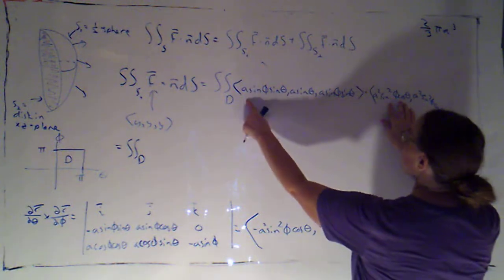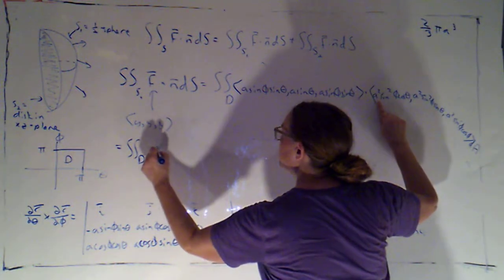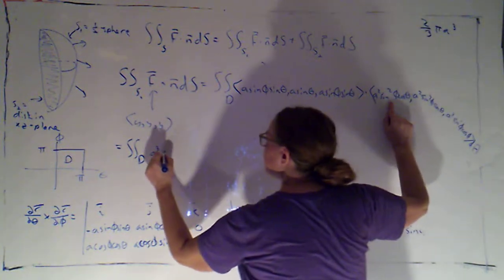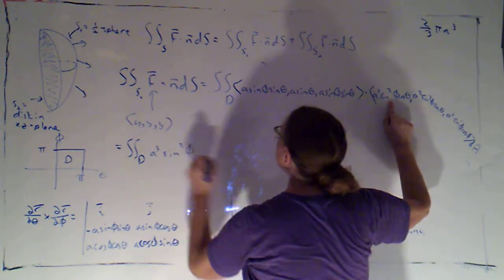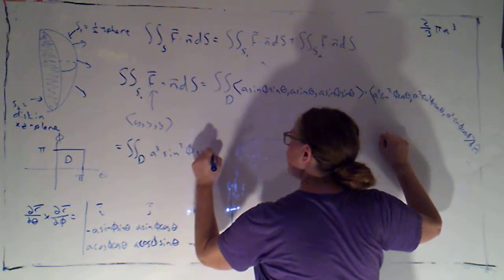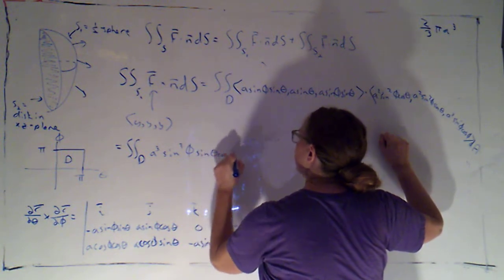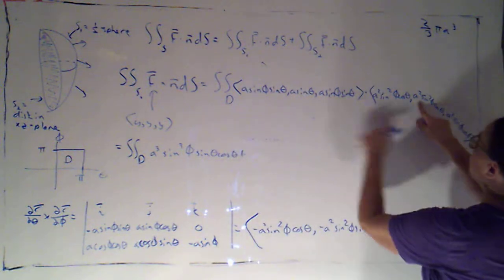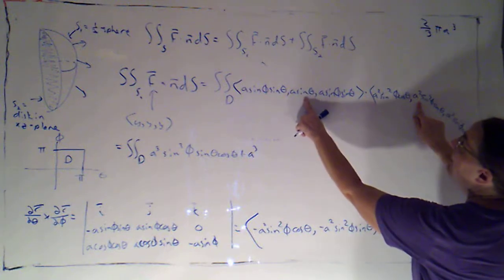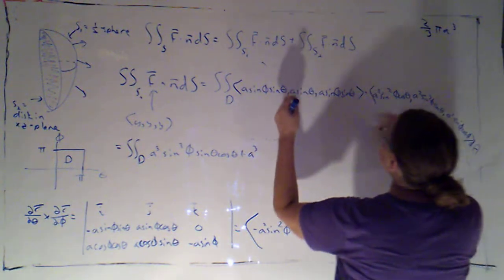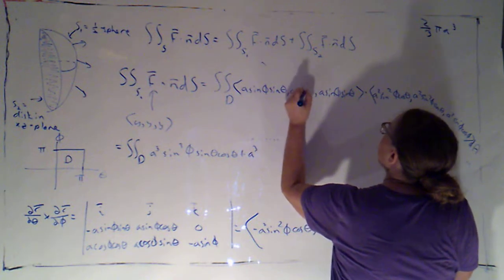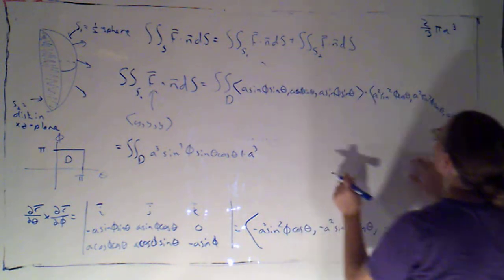So looking at the first components, I'm going to get a cubed sine phi times sine squared phi, which is going to be sine cubed phi. And then I've got times sine theta cosine theta. Plus a cubed. Oops. Oh my goodness, I left out a sine phi here. This was a sine phi sine theta. Okay.